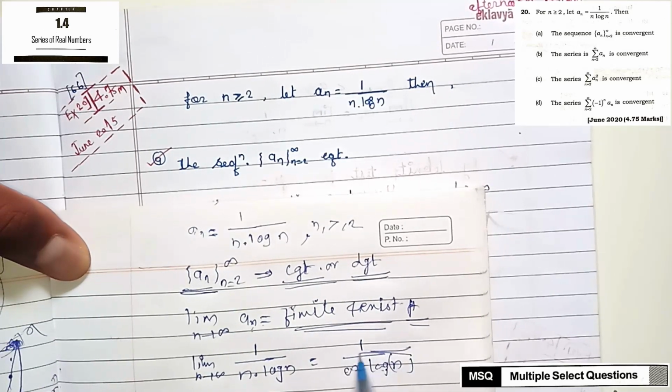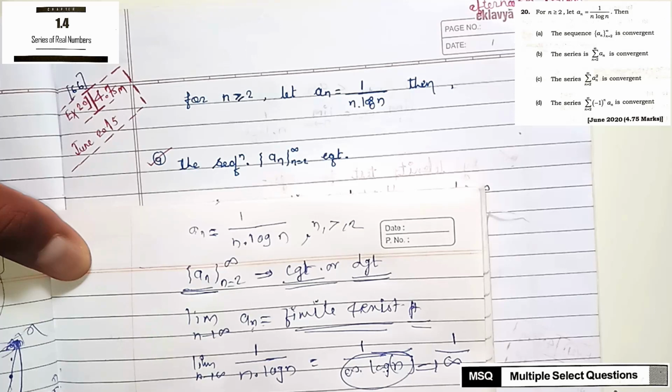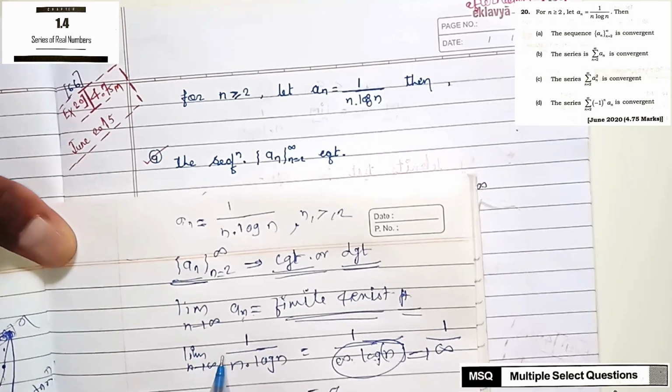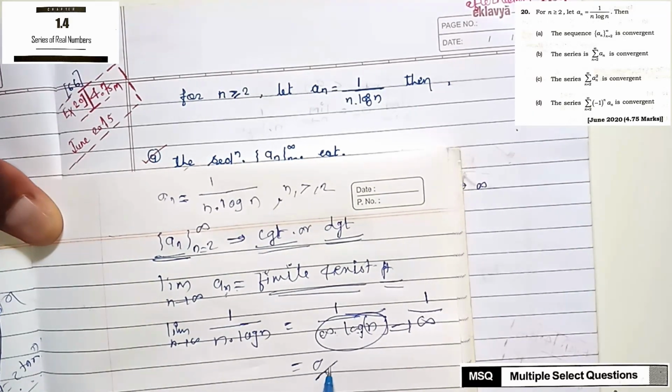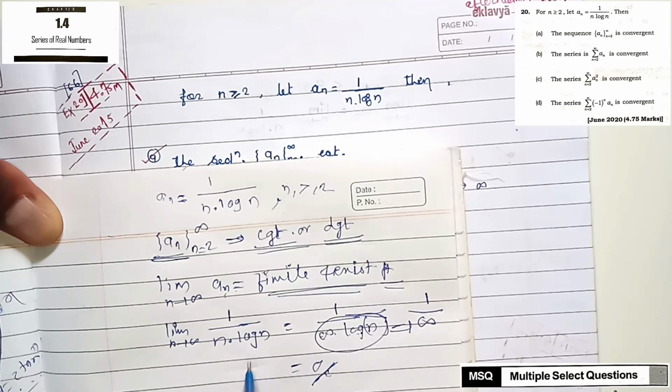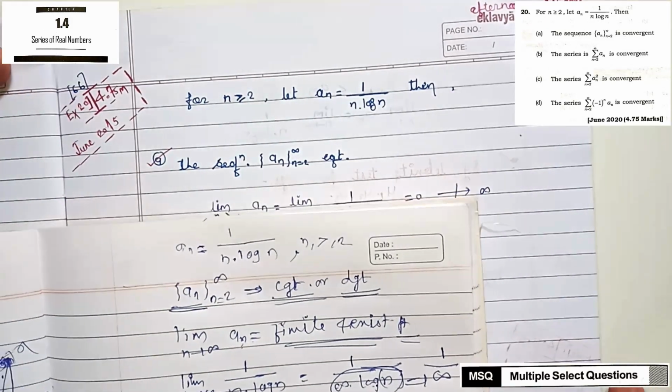So 1 upon this term goes to infinity, so 1 upon infinity, and we know that 1 upon infinity is 0. When we apply the limit as n tends to infinity, our sequence a_n goes to 0, but 0 is a finite existing point, and our sequence converges to 0. That means our sequence a_n is convergent, and it converges to 0.